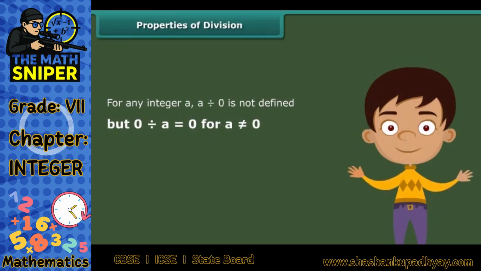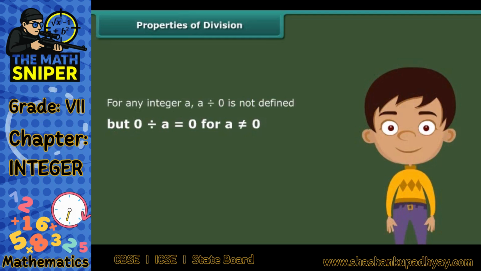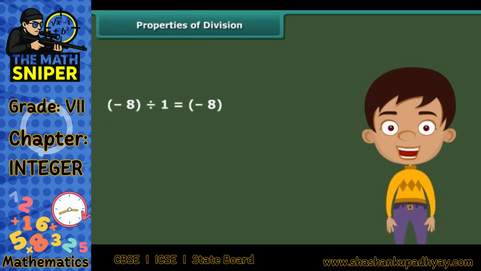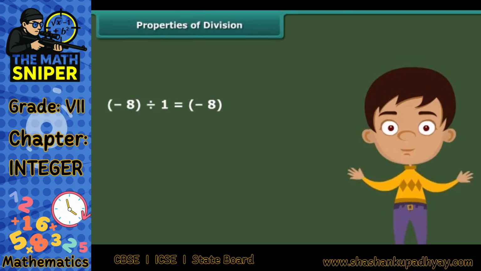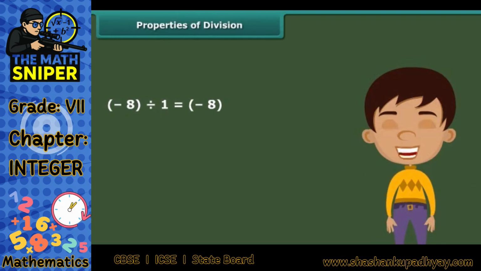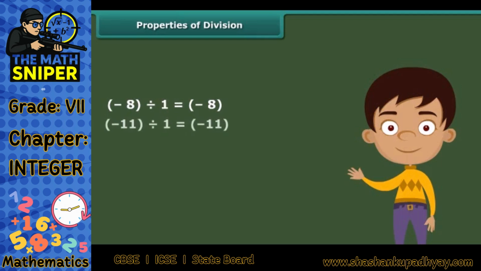Any integer divided by 0 is meaningless, and 0 divided by an integer other than 0 is equal to 0. Any integer divided by 1 gives the same integer. For example, minus 8 divided by 1 is equal to minus 8.